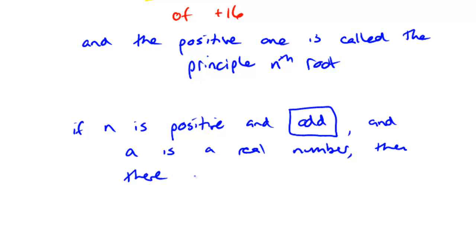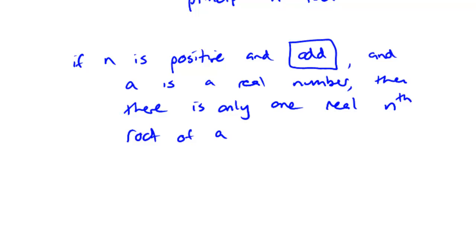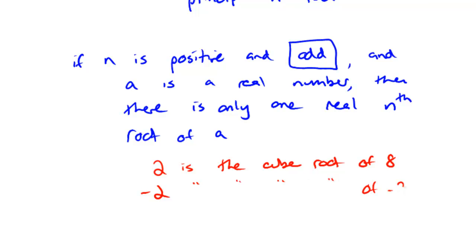Then there is only one real nth root of a. So doing our examples from before, 2 is a cube root of 8, while negative 2 is the cube root of negative 8.